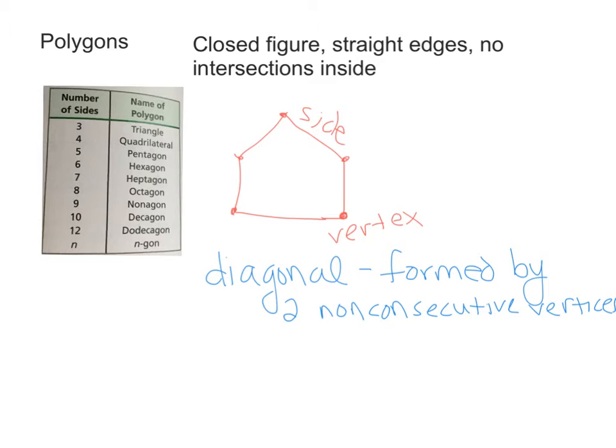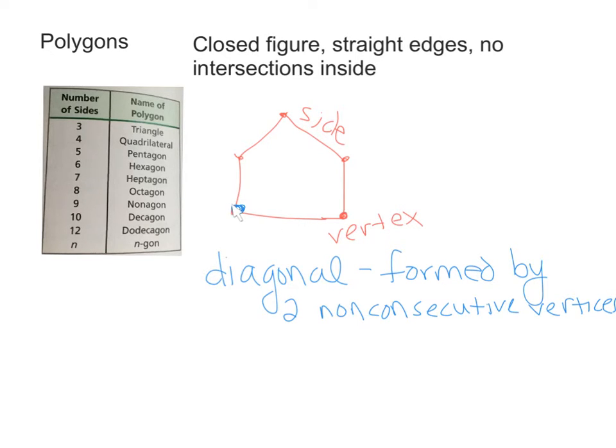And so the diagonals, since they're two non-consecutive vertices, I could go from one vertex. I cannot go to either neighboring vertex, so let me get a pointer out. So I can't go from this blue point over to the red, because those are consecutive.